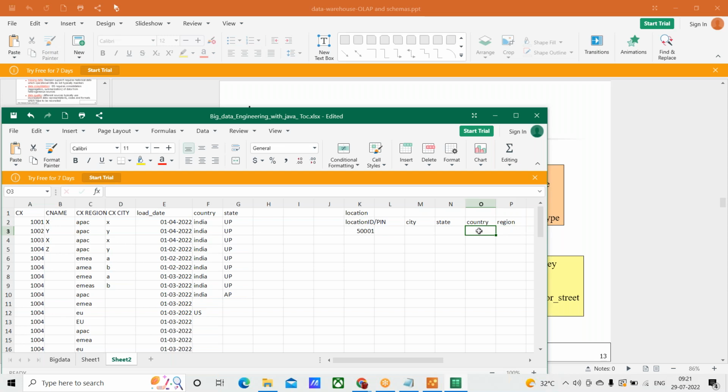Of course, country: India will belong to the same region. Entire India belongs to the same region, that is APAC, Asia Pacific. State, how many will you have? Something like 34 values only will repeat.